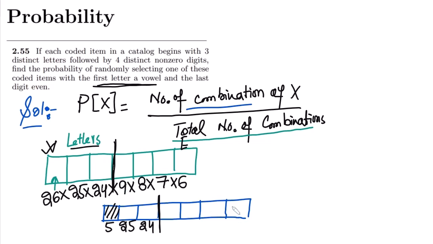Similarly, for the digits, I have previously told you guys that first of all you have to write the digit which has been given in the condition. So I have to concentrate on this location because this is where we have to get the even digits. Okay, so how many items would I have here? I can have here 2, 4, 6 and 8.